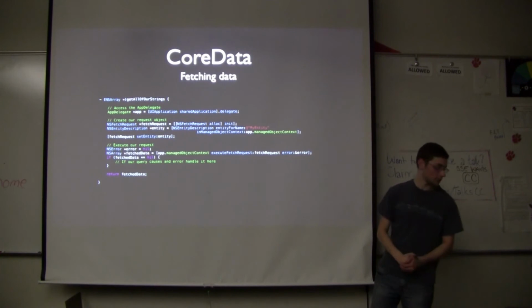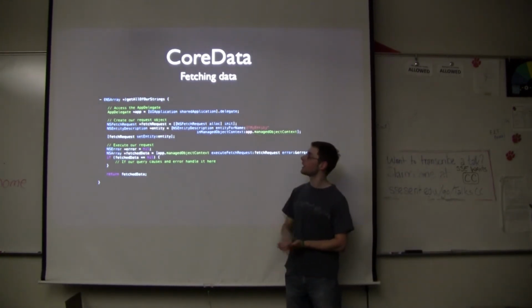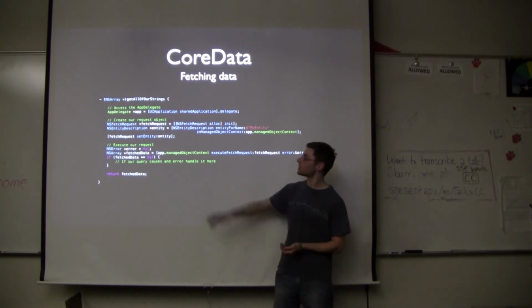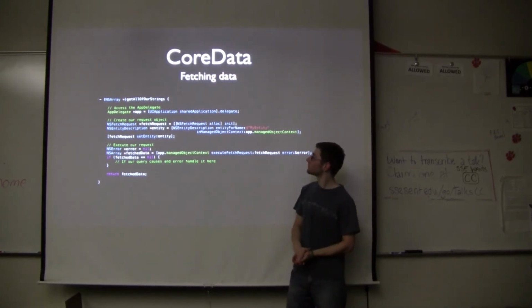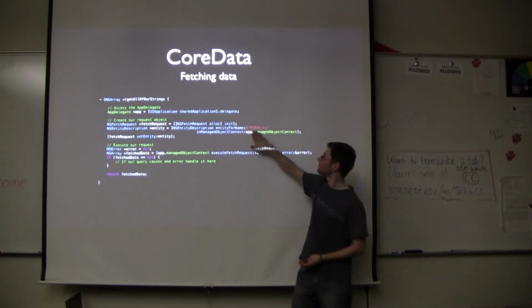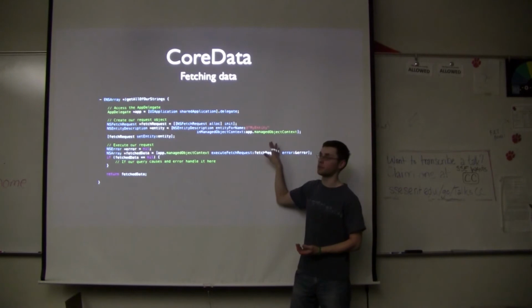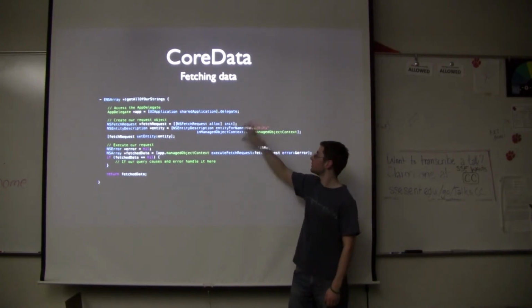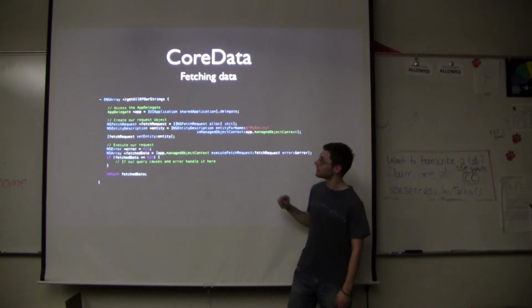And fetching data is done similarly. You once again get the app delegate, and you use this NSFetchRequest. You allocate it and initialize it, and you basically get all the information about the model and the database using this, and your managed object context.